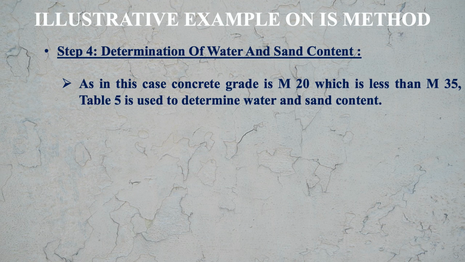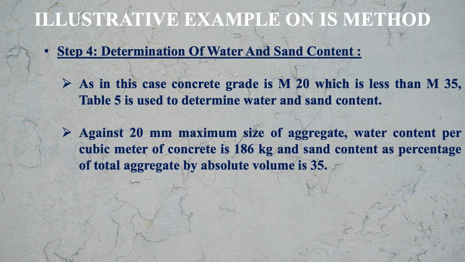So here you see table 5. Against 20 mm maximum size of aggregate, the water content per cubic meter of concrete is 186 kg and the sand content as percentage of total aggregate by absolute volume is 35. So we will be taking these values from this table.